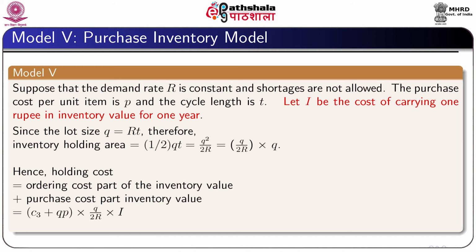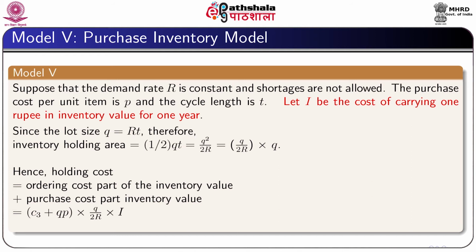Let us now proceed to develop another model, that is model 5, which is purchase inventory model. Suppose that the demand rate R is constant and shortages are not allowed. The purchase cost per unit item is P and the cycle length is T. Let I be the cost of carrying 1 rupee in inventory value for 1 year.